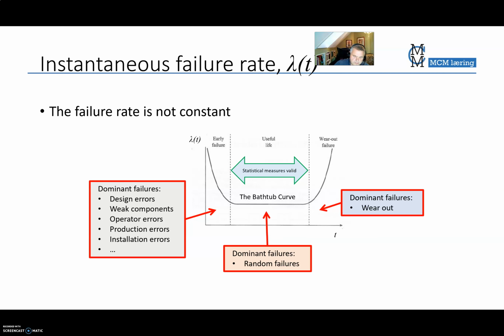Here the dominant errors could be design errors, weak components, operator errors, and so on. And then you have your useful life here.